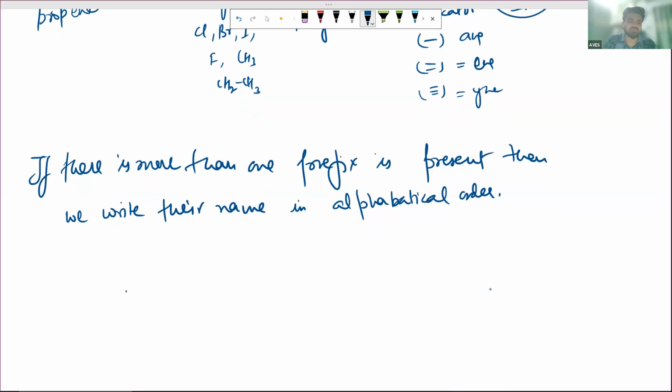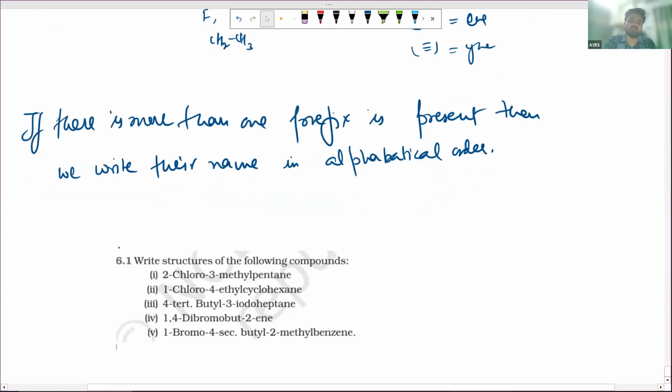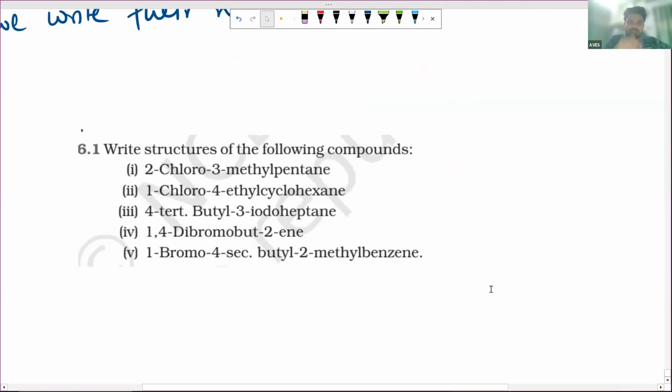If their IUPAC name is mentioned, like for example this way, try to draw this one and this one. Try to write this name first.